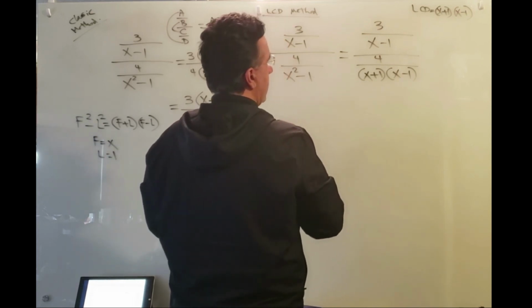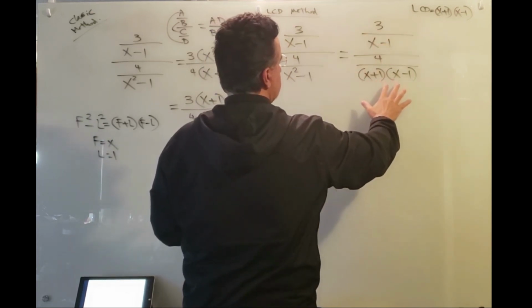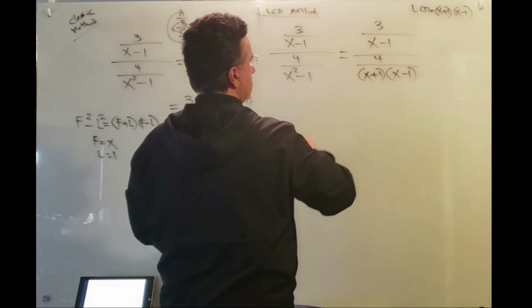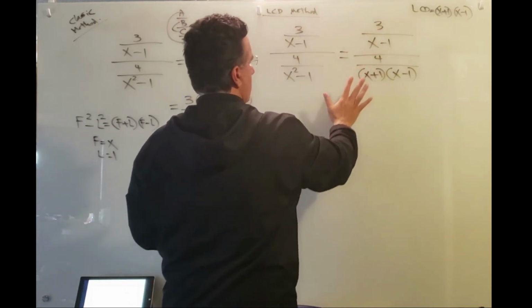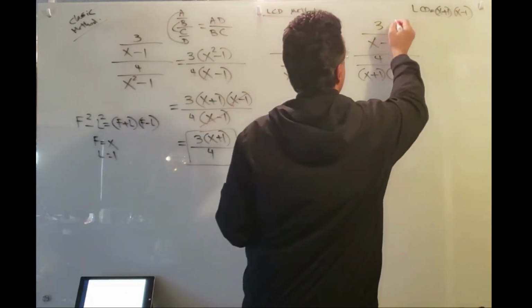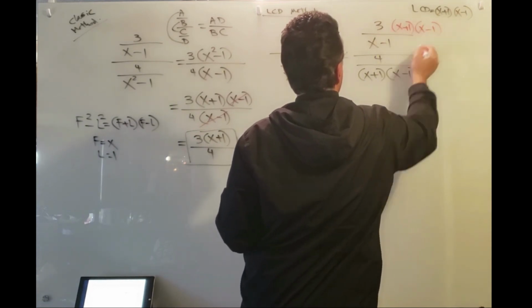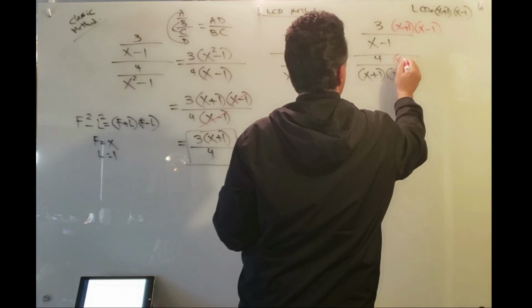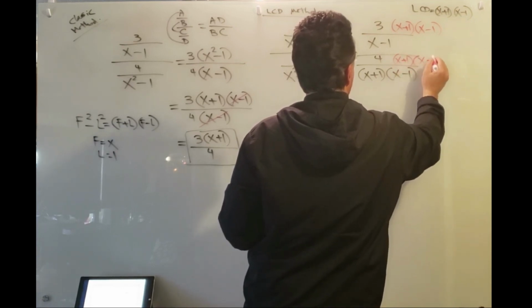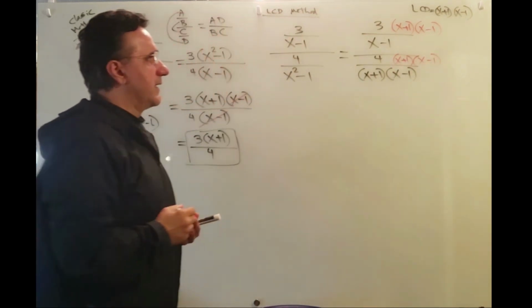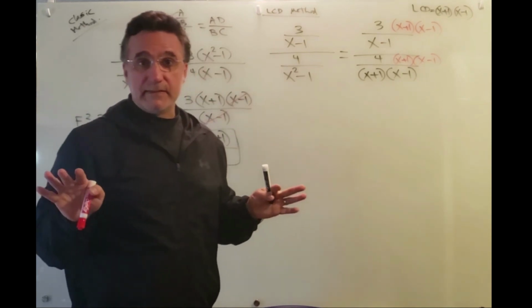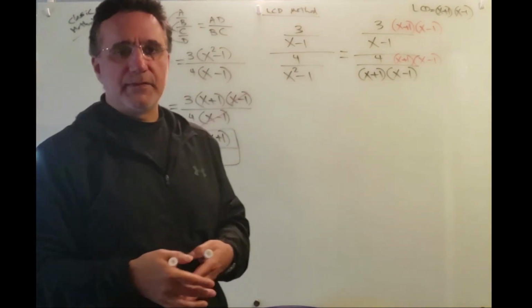We're going to multiply the LCD, which is x plus 1 times x minus 1, once on the top, so I can just write it like this, and once down here. Remember, this is okay because we're multiplying the top and the bottom by exactly the same thing. That's how the LCD method works.